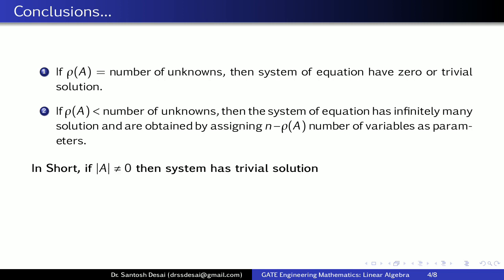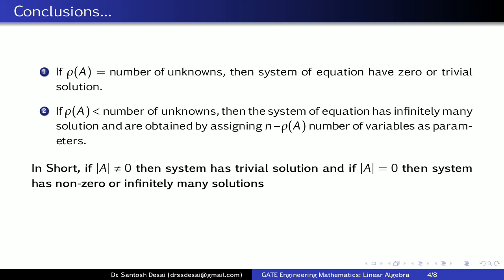So in short, one can say if the determinant of the coefficient matrix is not equal to 0, then the system has the trivial solution, and if the determinant of A is equal to 0, then the system has non-zero or infinitely many solutions.